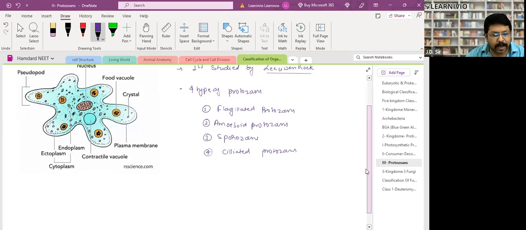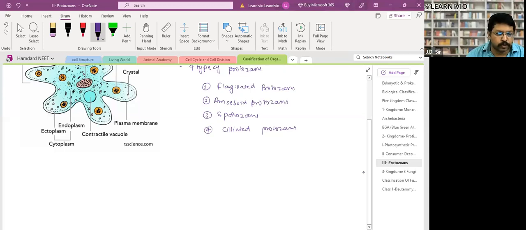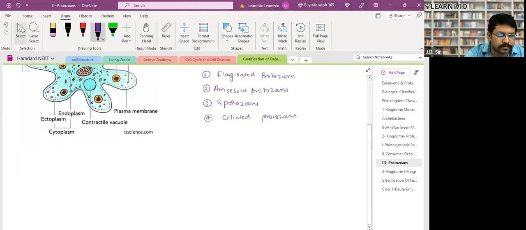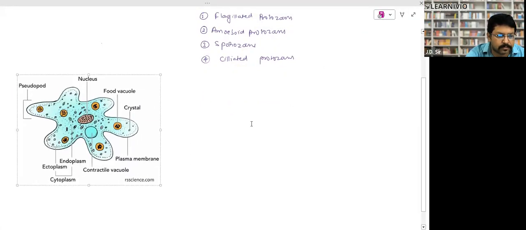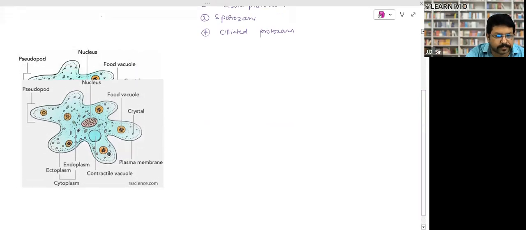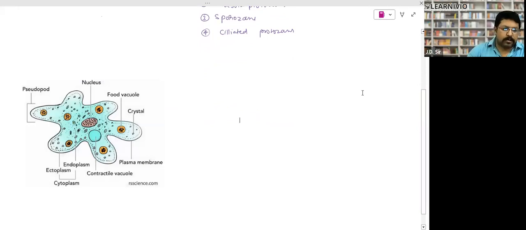So let's start with the amoeboid protozoa. When I talk about amoeboid protozoa, it means we are talking about the amoeba. Rather than amoeboid protozoa, I should start with the flagellated protozoa.